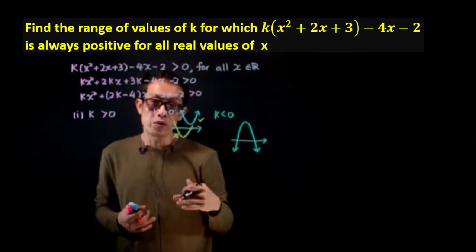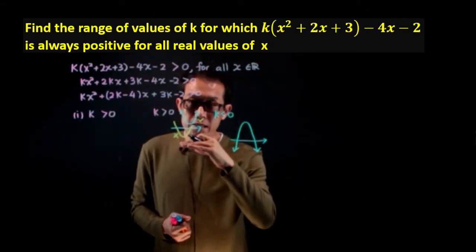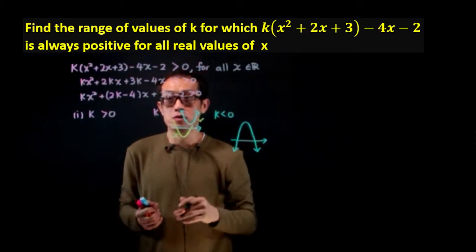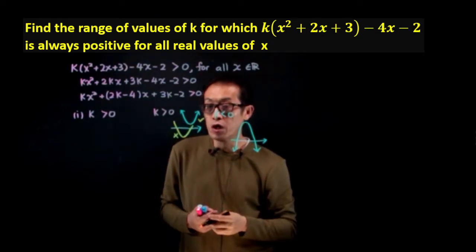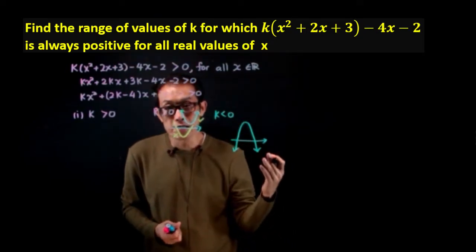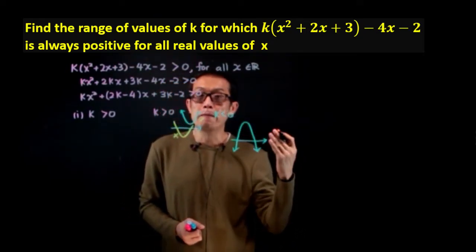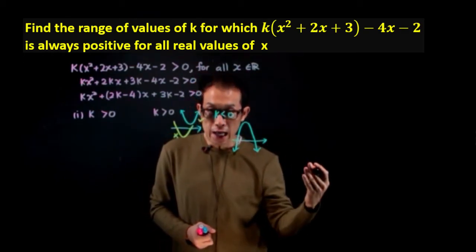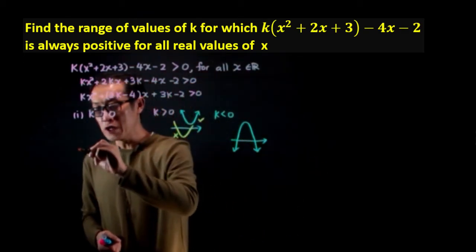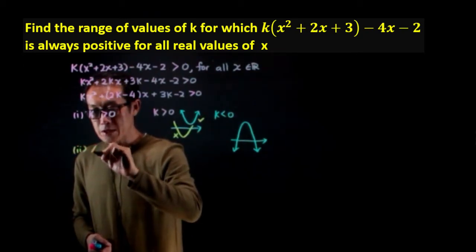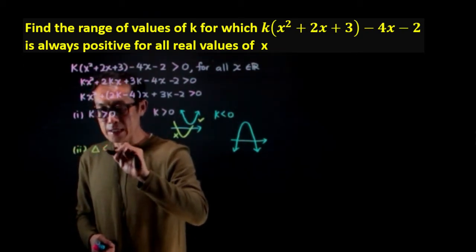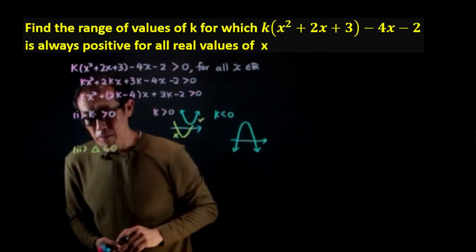Now, if it is always greater than 0, it implies that it has no roots. Now, for a quadratic equation to have no roots, your b squared minus 4ac, that is your discriminant, must always be less than 0. So, condition number 2: your discriminant must always be less than 0.